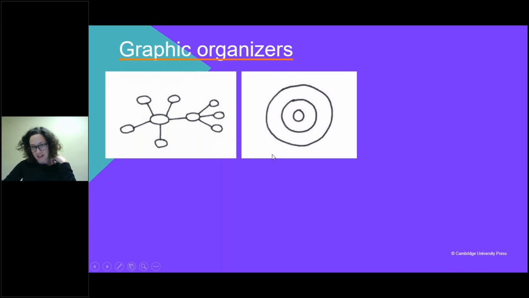Then we have target diagrams. Here we can work with things that are more important, least important, focusing, unfocusing, or global, local things. If we're talking about young learners, then they can put what they like less and what they like more in these target diagrams.